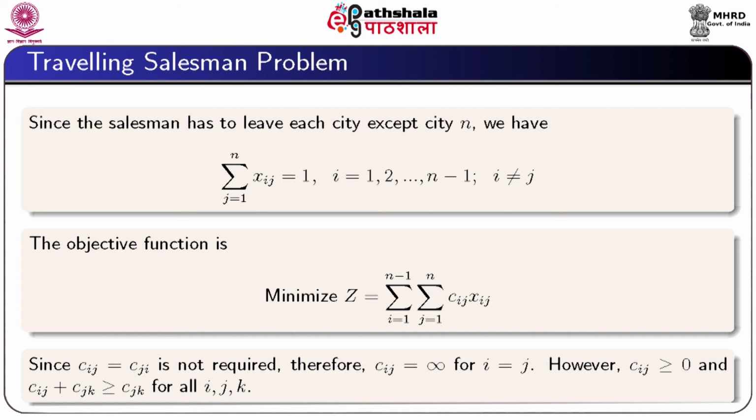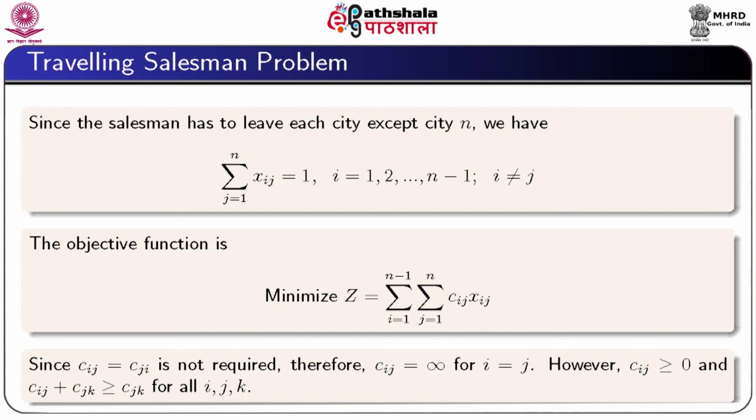Again, since the salesman has to leave each city except city n, we have sigma Xij, j equal to 1 up to n, equal to 1 for i equal to 1 up to n minus 1, where i not equal to j.